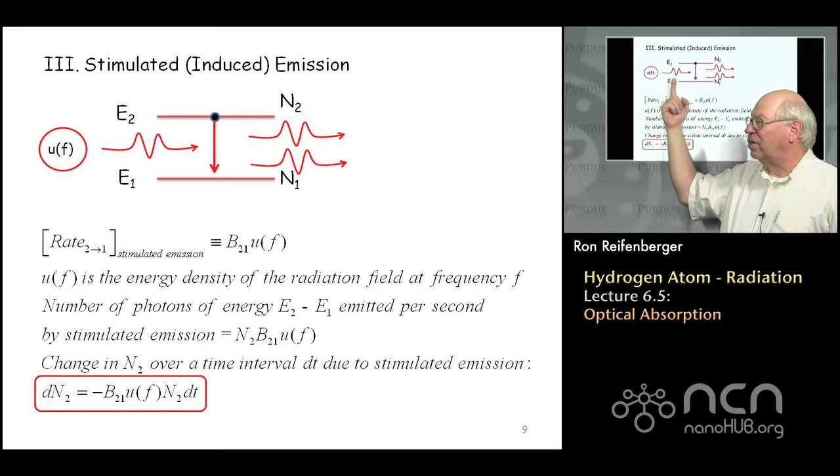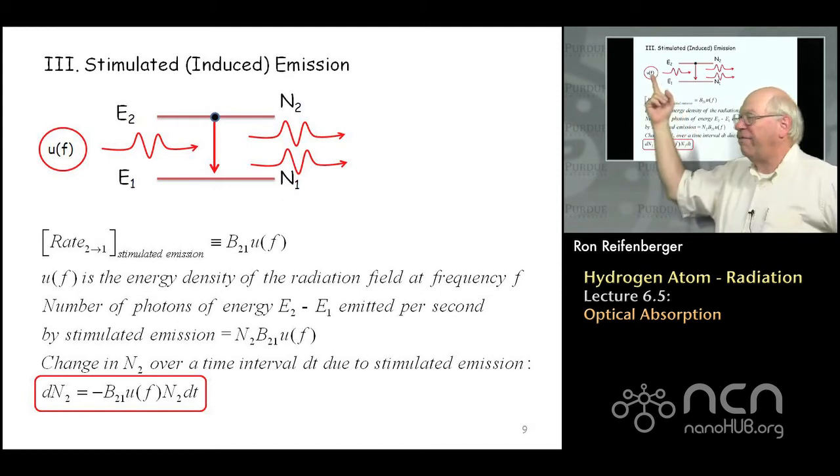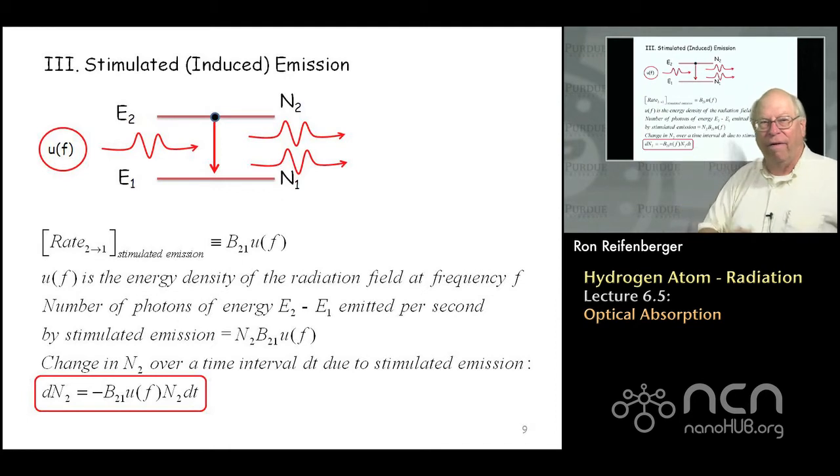And again, this incident photon is specified by this radiation field that specifies the energy density of the photons coming into this collection of atoms. Now, U of F is kind of a murky quantity in this discussion. We'll derive an explicit expression for it in a few minutes, but it's left vague and it's a general way of expressing the incident radiation field.